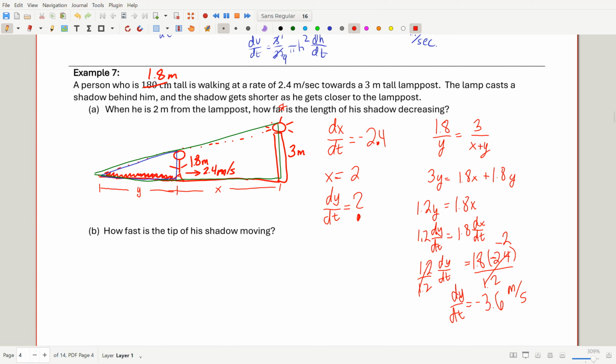So we just consider the length x plus y because as he walks to the light post, this is stationary over here, and his shadow is the only thing that's moving. And the way we do that is by using x plus y. So we actually need to figure out what d dt of x plus y is.